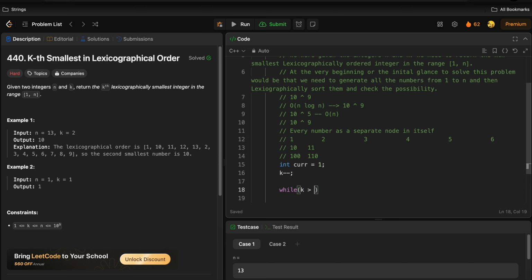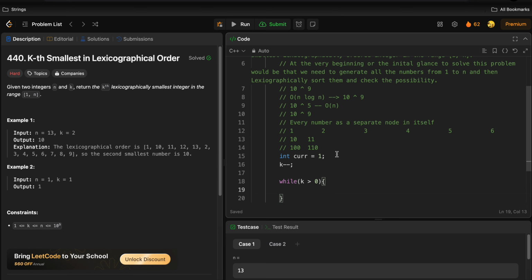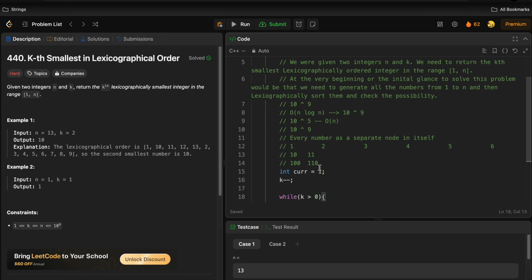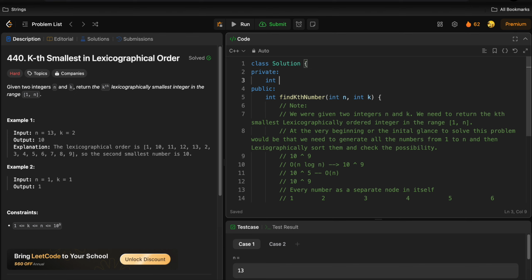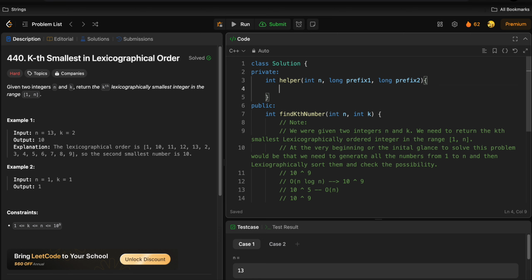What this helper does is help me find the number of numbers that lie between 1 and 2. So I'll call private int helper, taking int n, followed by long prefix1 and long prefix2. Now I'll set steps, or numbers, equal to 0.